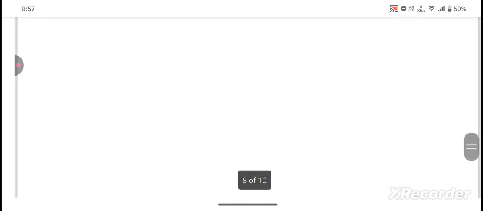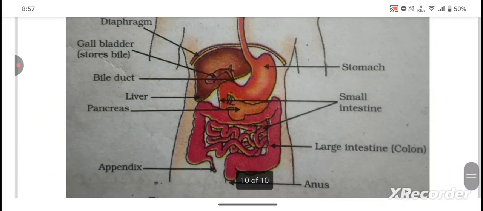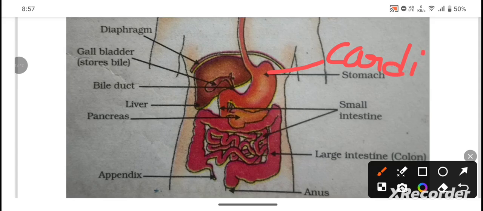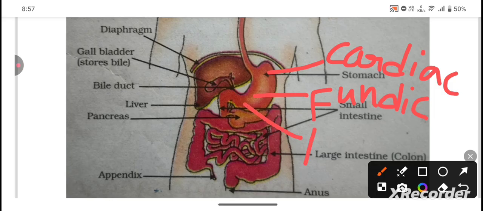The stomach basically consists of three parts: cardiac, fundic, and pyloric. At the pyloric region, the stomach has a sphincter known as the pyloric sphincter.